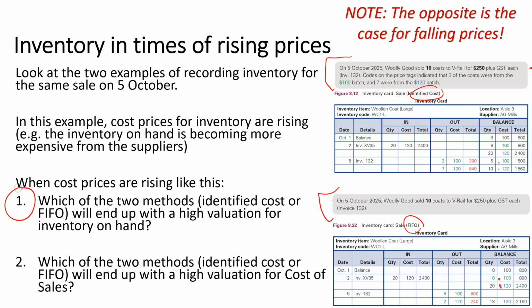Which of the two methods, identified cost or FIFO, will end up with a higher valuation for inventory on hand? The second question is, which of the two methods will end up with a higher valuation for cost of sales? And you can use the information in the inventory cards to help you with this. So now is a good time to pause the video, and then we'll go through and look at a solution together.